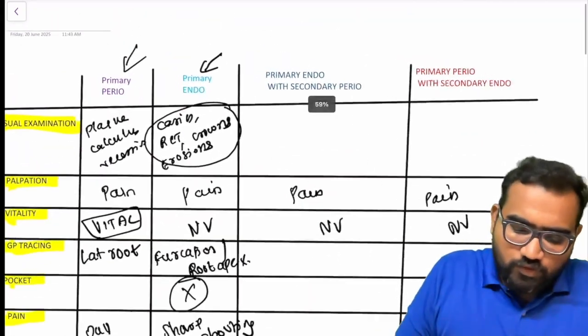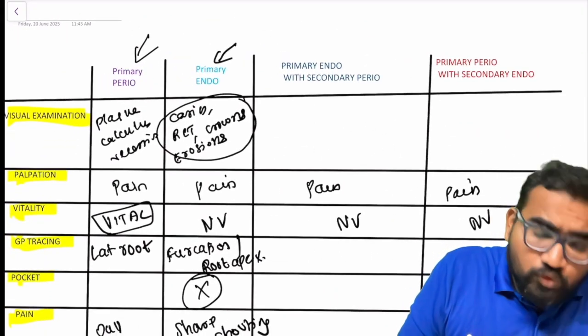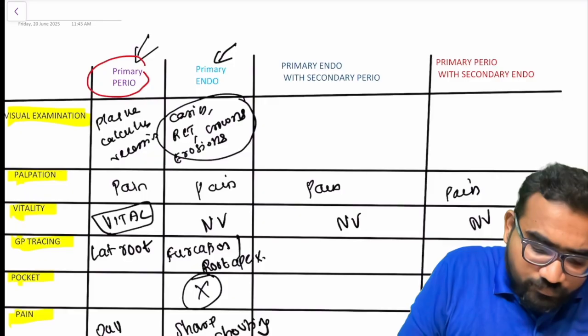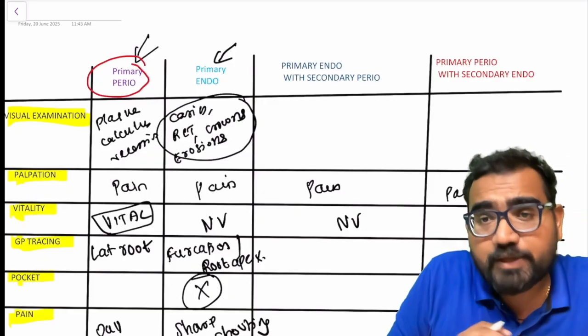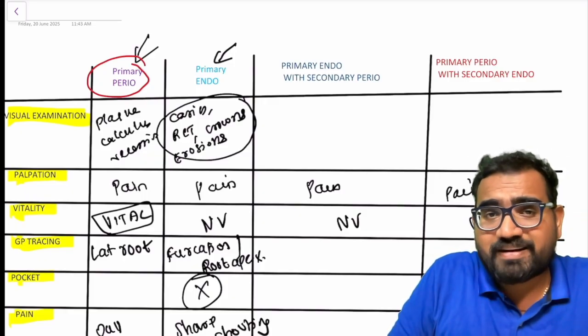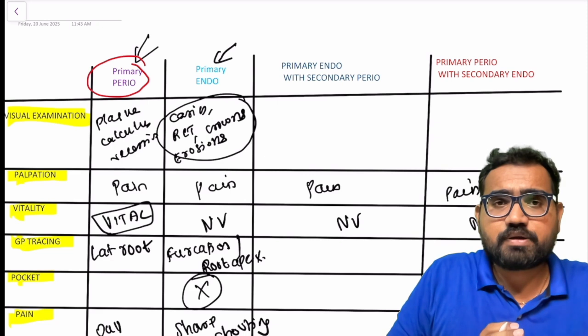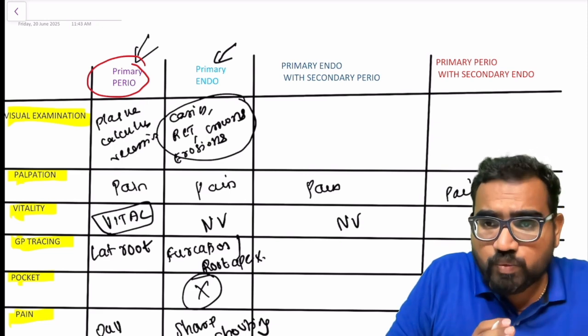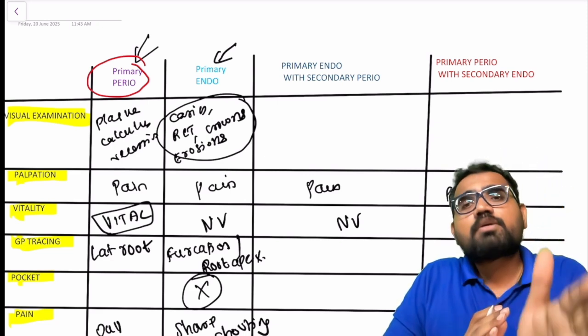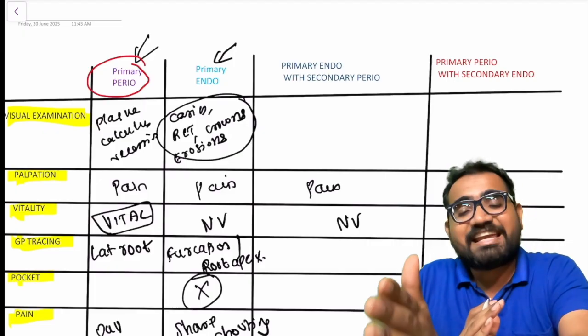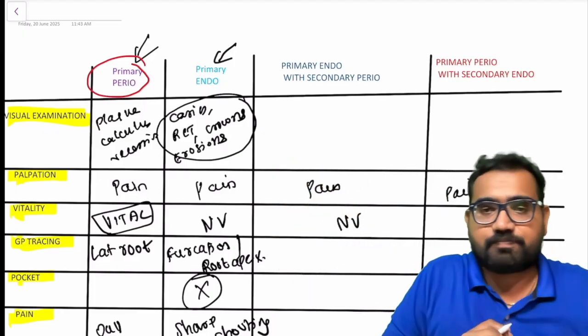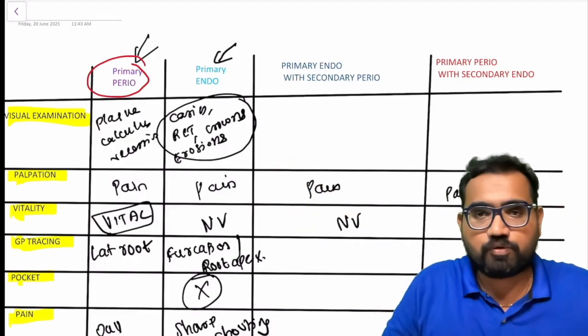Okay, so except in pure primary perio, in the rest of the three situations I'll go for phase 1, root canal treatment, and then evaluation, and if needed, periodontal surgeries. That is how the treatment plan will go.